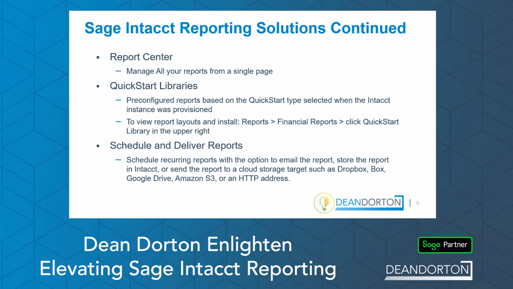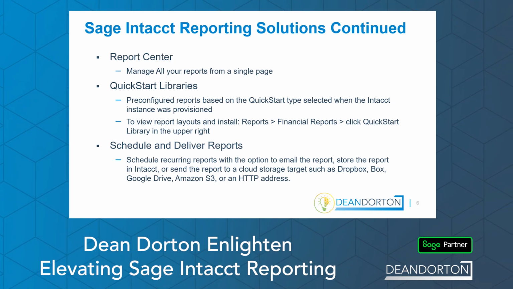With those Quick Start categories, that allows you to design your chart of accounts, assigning a Quick Start category, and then utilizing those predefined, pre-built financial statements, for example, that you can simply copy over and use as a baseline, and then just make minor tweaks to fit your needs. And then just a quick mention on the slide there on how to navigate to those Quick Start libraries, which you can actually navigate to and then go through the list and click and see the layout and see how they're designed.